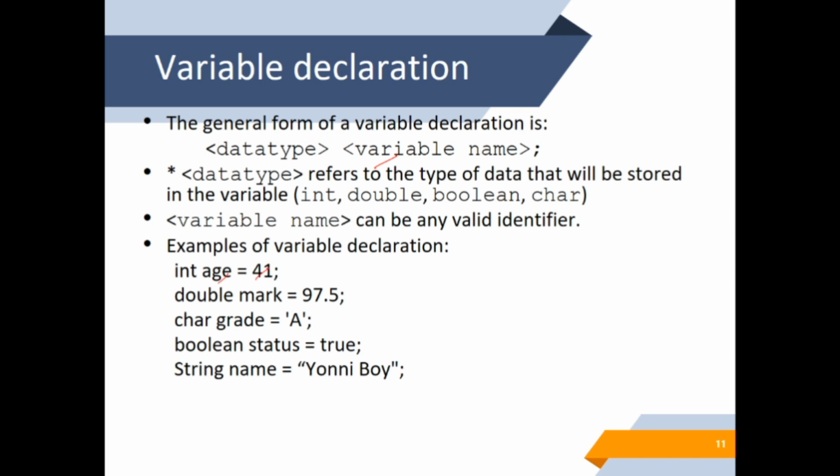Age equal to 41. 41 is a number, so you have to declare int age. You want to declare mark 97.5. This is a decimal number, so a decimal number is declared as data type double. Char grade equal to A. A is a char or character, so declare it as a char.